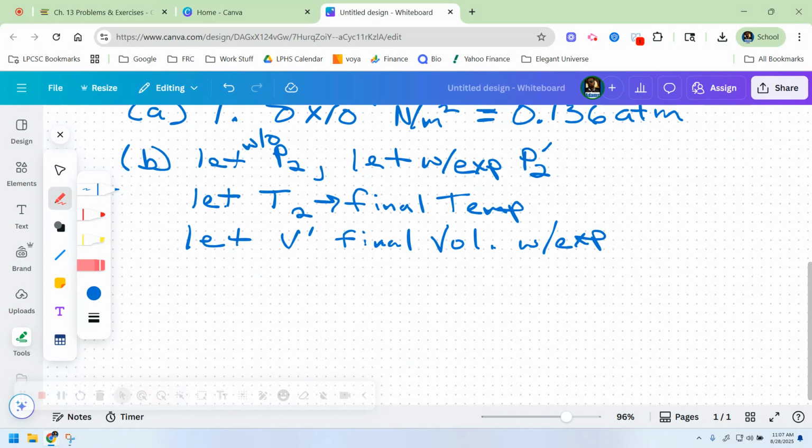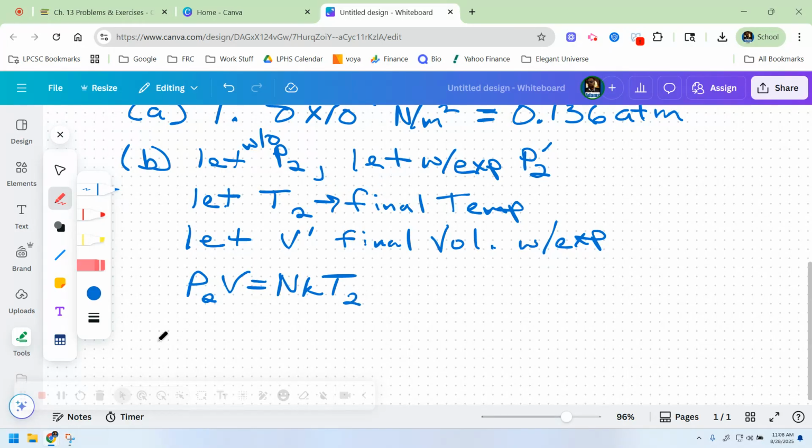Well, remember that our ideal gas law, P2V will be equal to the number of molecules, Boltzmann's constant, times the temperature, or T2.